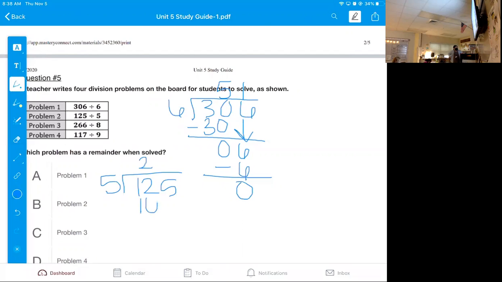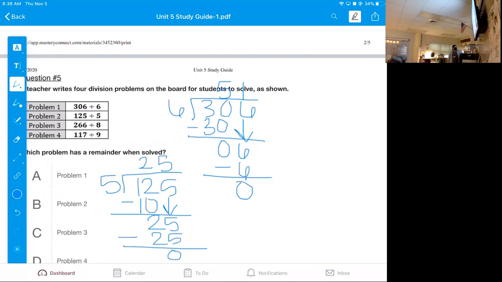That's my multiplication step. Subtract. 12 minus 10 is 2. Bring down. Now I need a fact for 25. Who can raise your hand and tell me that one? Tanner? 5 times 5. So at the top I'm going to write a 5, and 5 times 5 is 25. When I subtract, what do I get? 0. So does this one have a remainder? No. So it's still not the answer.